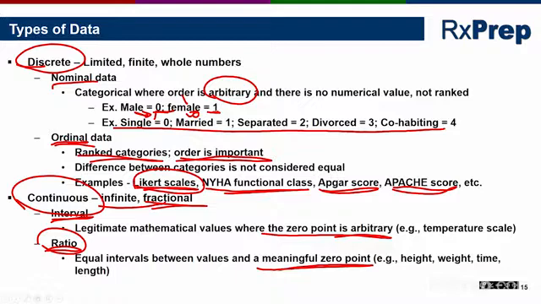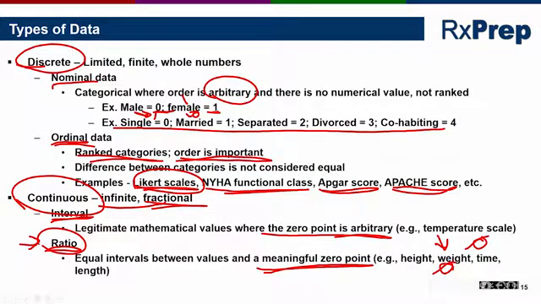The 0 is actually meaningful. It's meaningful not to have any weight. 0 weight obviously means you're not part of this planet, or no time. So that is a measurement and it's meaningful. A lot of times we have ratio data as part of our continuous type.